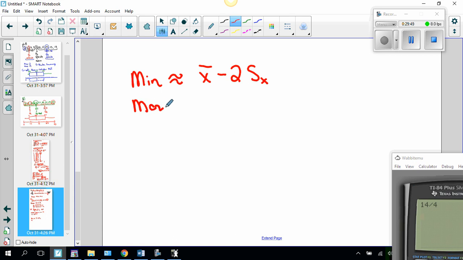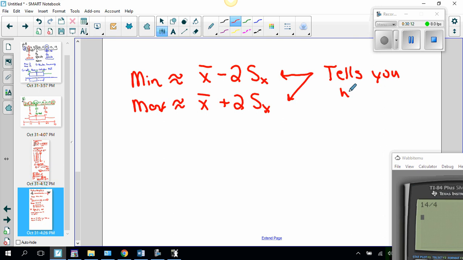And the max should be equal to x bar plus 2 standard deviations. Now, this, and they're not saying it, is this and this basically tell you how to find an outlier.